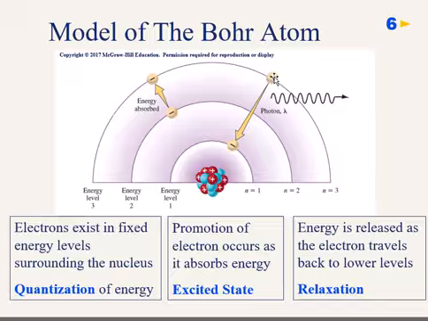And then once it's promoted to a higher level, it wants to travel back to a lower level, which we call relaxation. So this electron in n equals 3 wants to relax, doesn't want to remain excited, and it comes down to n equals 1. It doesn't have to come down to n equals 2, it can come down to n equals 1.